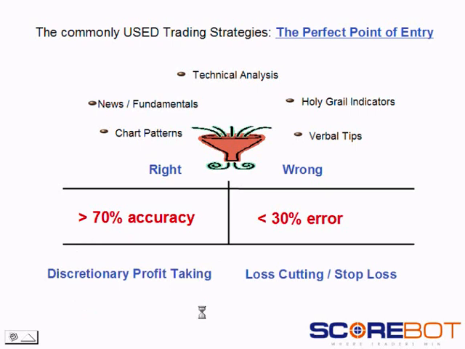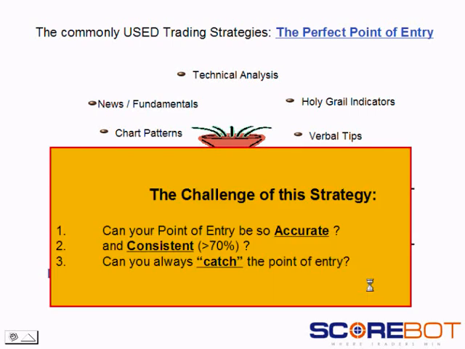Now once an order is being taken, you will have your discretionary profit-taking decision if you are right, and if you are wrong, you will have to rely on the most reliable strategy, that is cutting a loss by having a stop loss order placed. What is the challenge of such strategy?